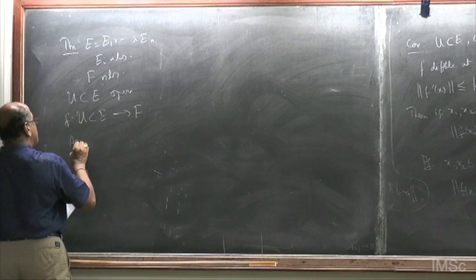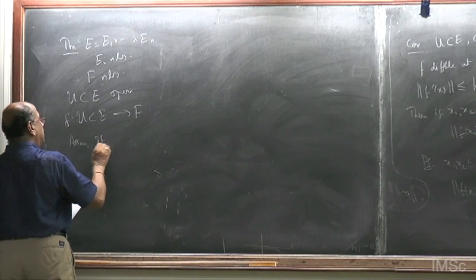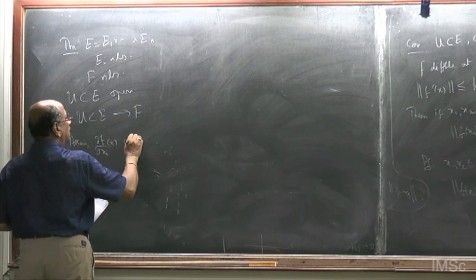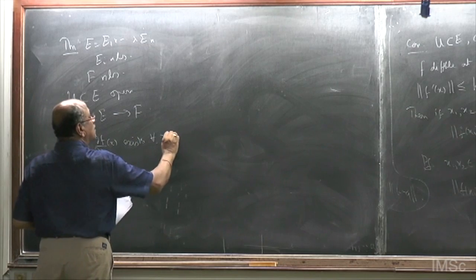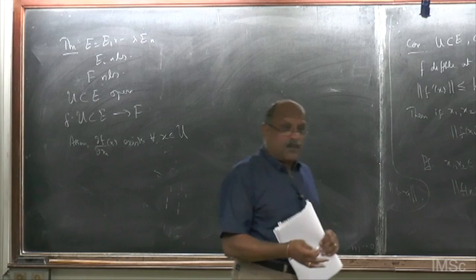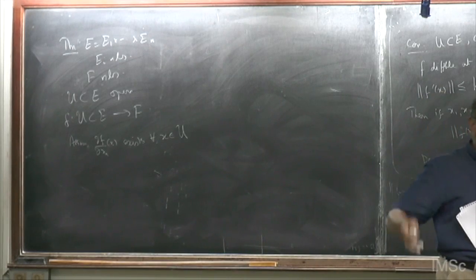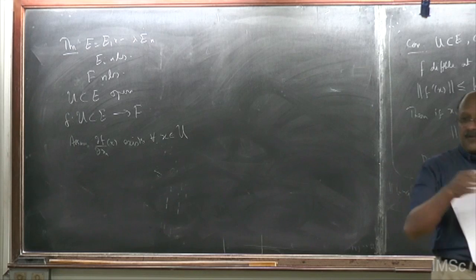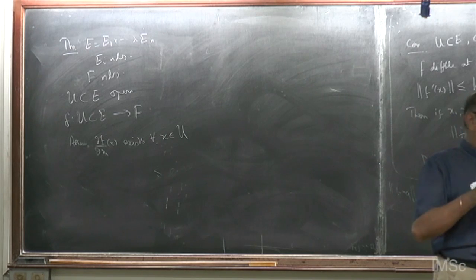Assume df by dxi of x exists for all x in U. So, partial derivatives exist not only at one point, but they exist at all points. Okay, it need not exist at all points, it is enough if it exists in the neighborhood of some point.